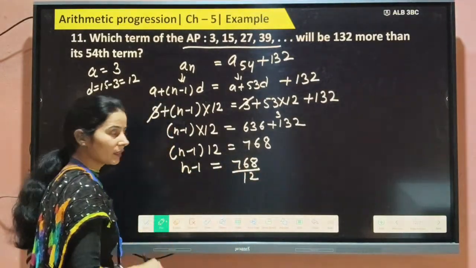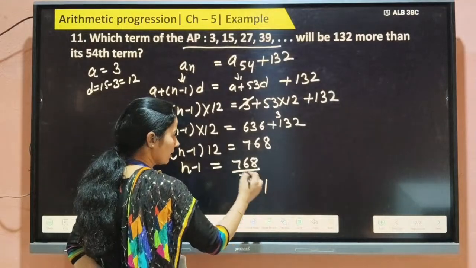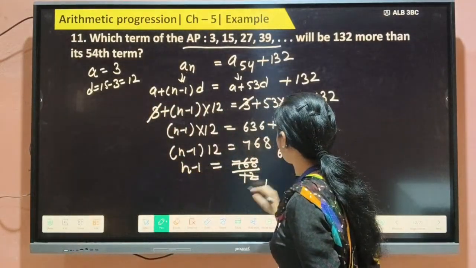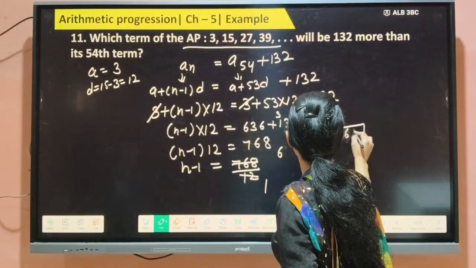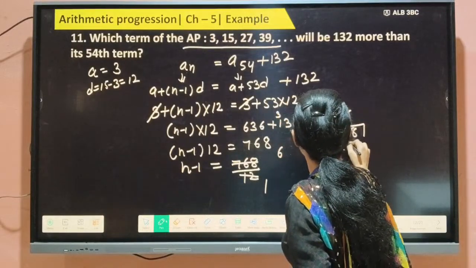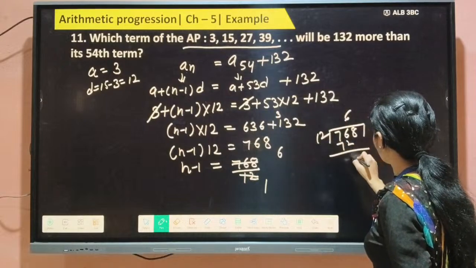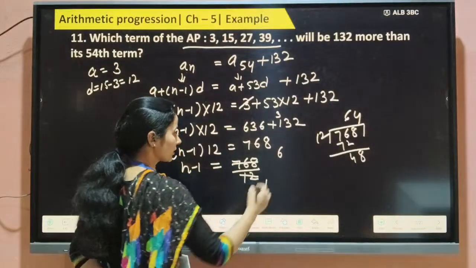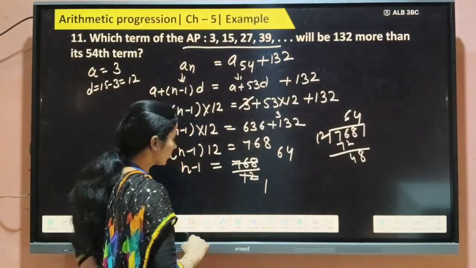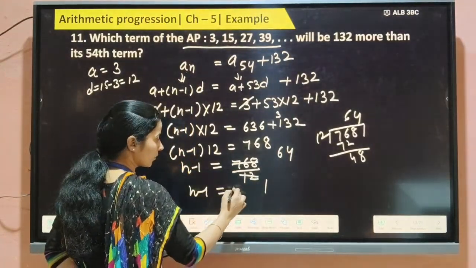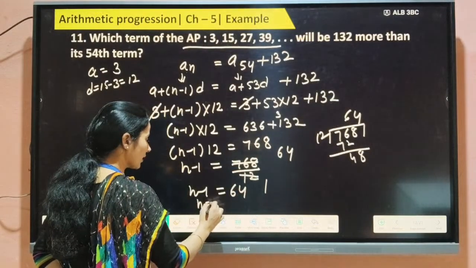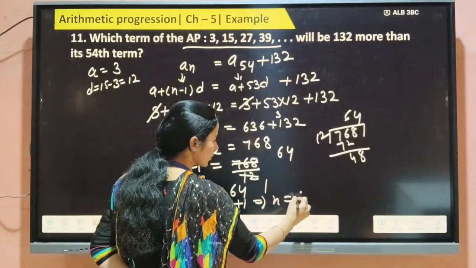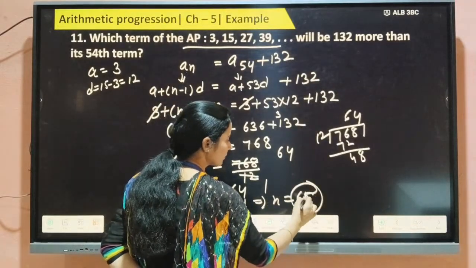We need to divide: 12 sixes are 72, 12 fours are 48, so it will be 64. n minus 1 equals 64. n equals 64 plus 1, that is n equals 65.